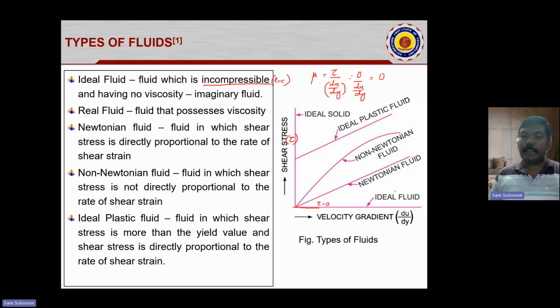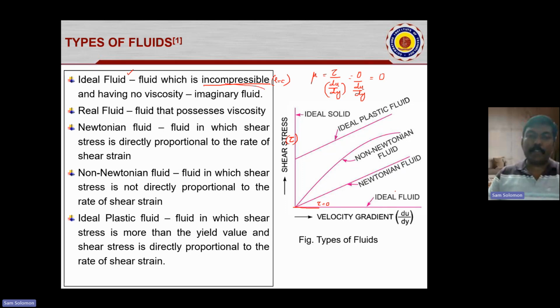If it is a gas in a cylinder piston arrangement, I will be able to reduce the volume of the gas. But if it is water, I will not be able to do so. So water is an example of an incompressible fluid, any liquid for that matter. So a fluid which is incompressible and inviscid is the horizontal line which identifies itself with the x-axis, that is your ideal fluid.